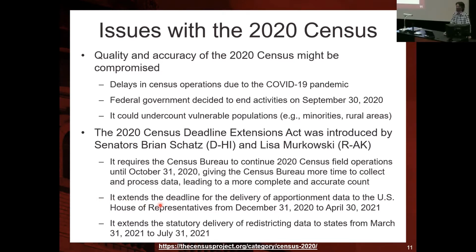And also the population within each state, within each congressional district, will tell how many representatives each congressional district will elect to the US House of Representatives.